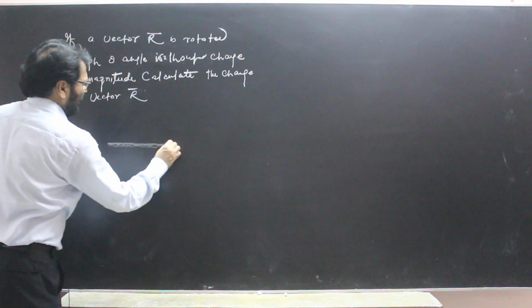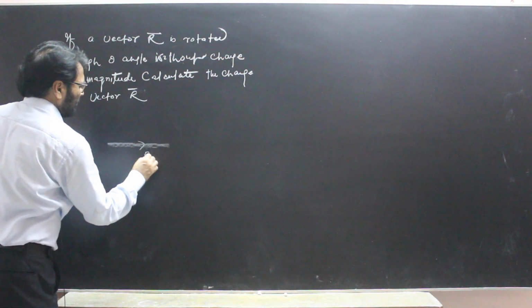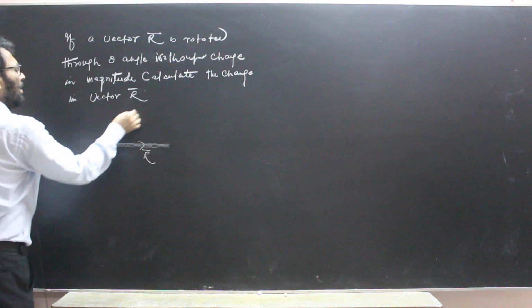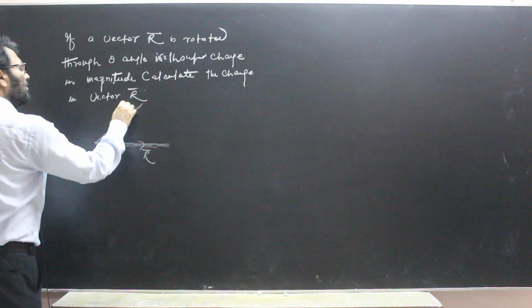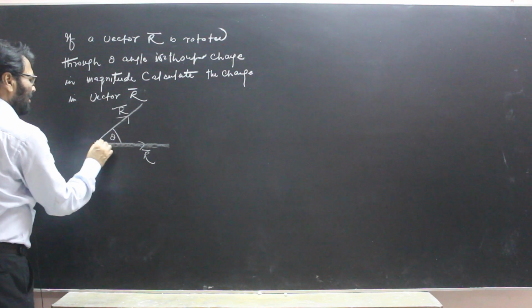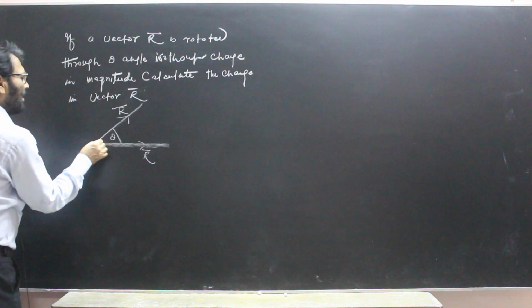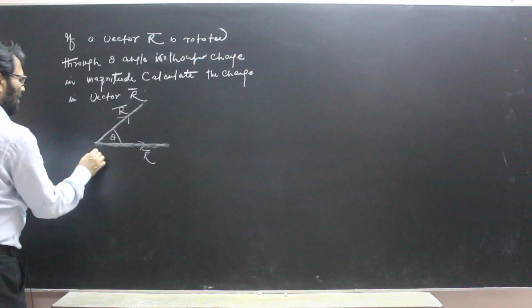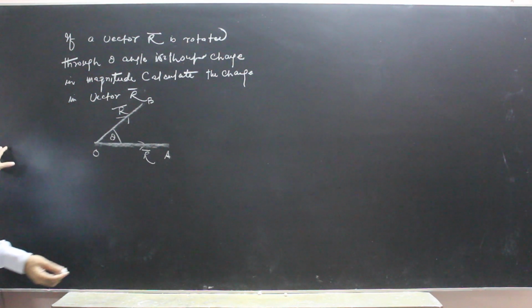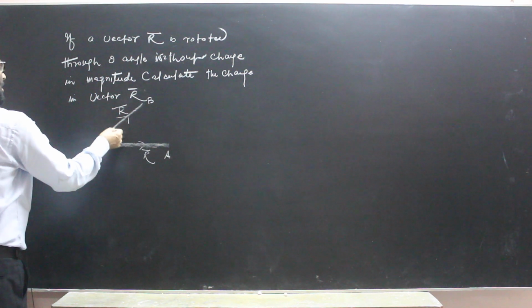Look, this is your vector R, and it has been rotated through theta angle without change in magnitude. So the magnitude of this vector OA and OB both are same, but it has been rotated through theta angle.